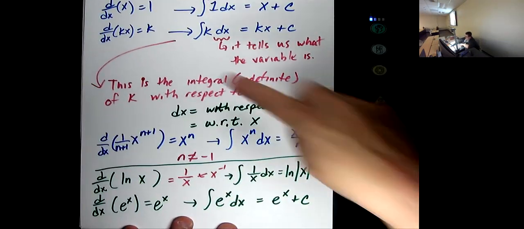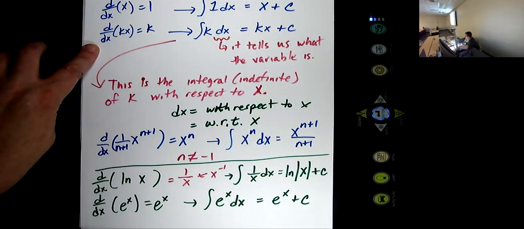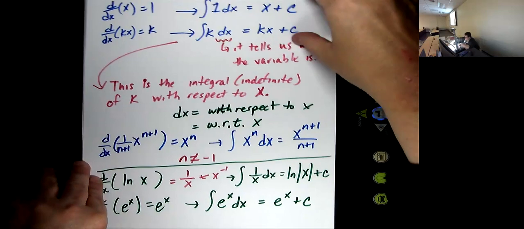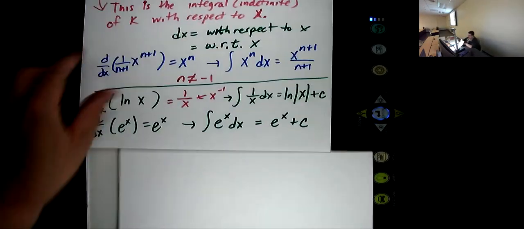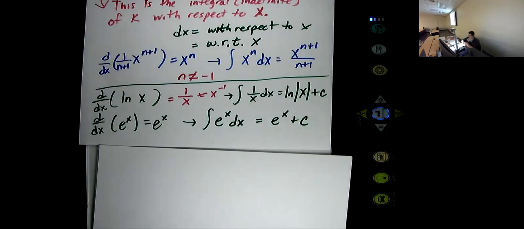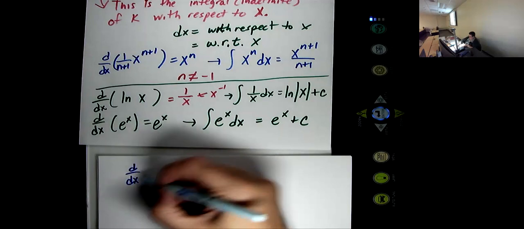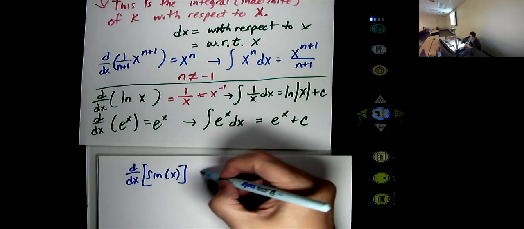Integrating with a constant gives us x. And the easiest way to do it is to take a look at your derivative chart and do this operation backwards. For example, we know the derivative of sine x is cosine x.